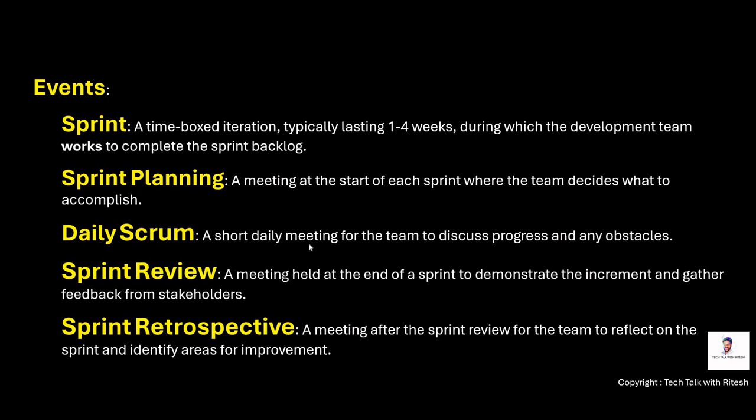Daily scrum, a short daily meeting, usually up to 15 minutes, right? For the team to discuss progress and any obstacles. So in the scrum, daily we have calls, that is called a daily scrum, where all the team members join the call for 15 minutes. They just update what they did yesterday, what they are planning for today, and whether there is any blocker, and typically it should end within 15 minutes.